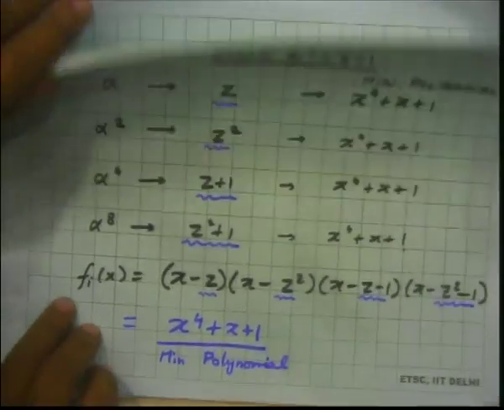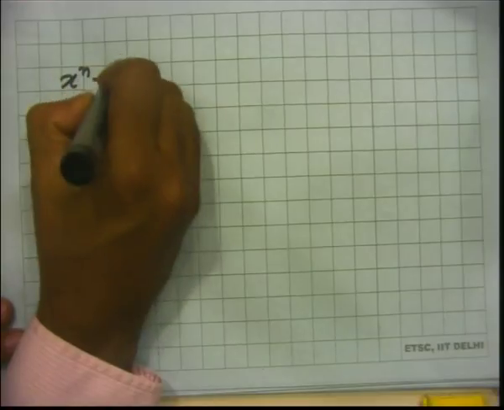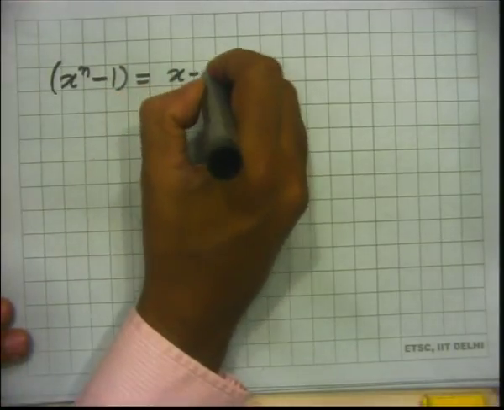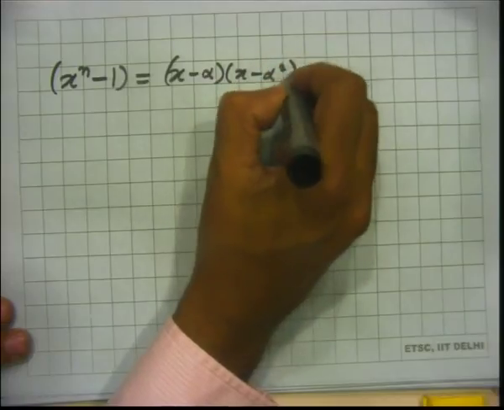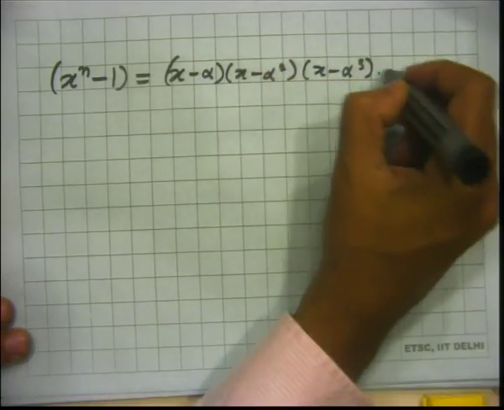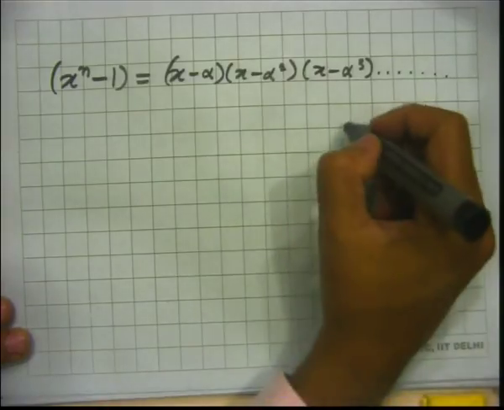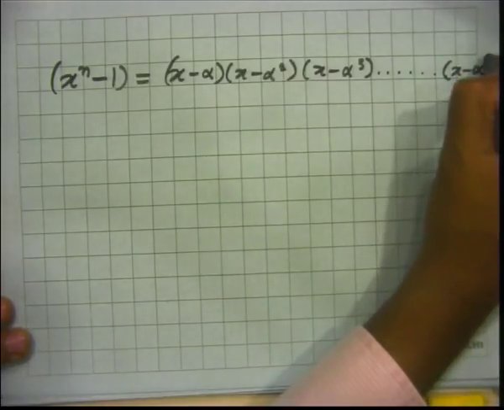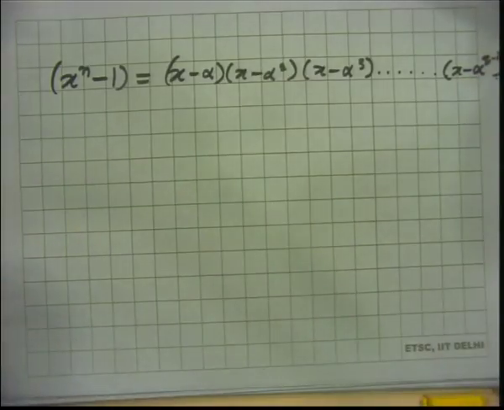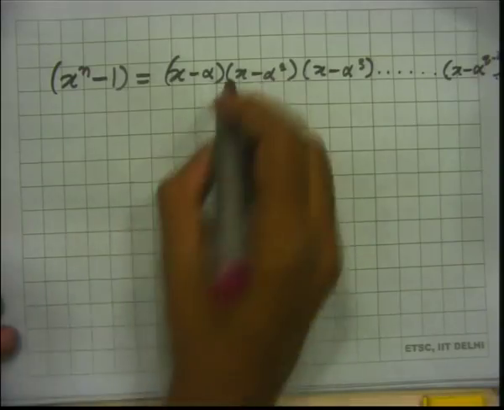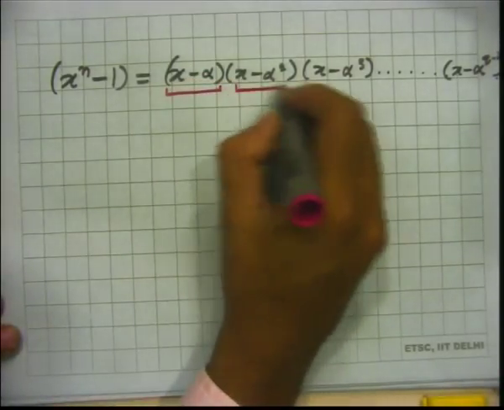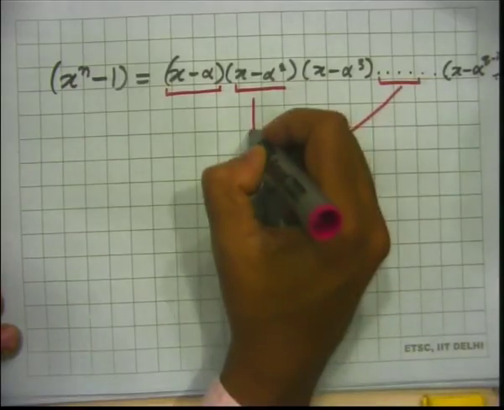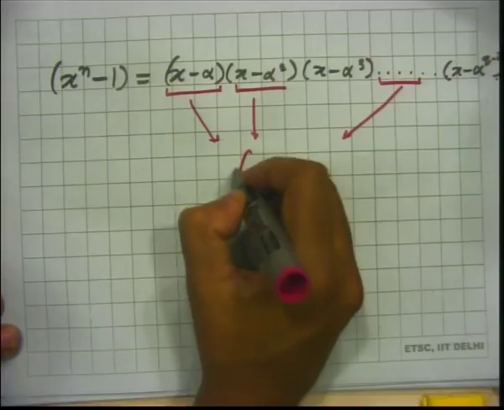So, if you want to continue this logic forward, you know that x raised to n minus 1 is nothing but (x minus alpha)(x minus alpha squared)(x minus alpha cubed), and so on, till all the elements are there, and that is the factorization. Eyes closed, you can just continue doing this. But the interesting part is, if you take some of them and multiply, you get f1(x).